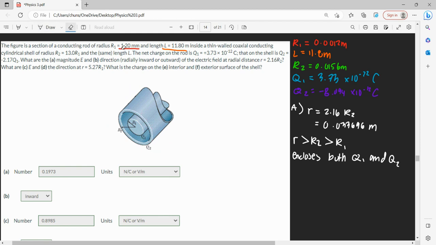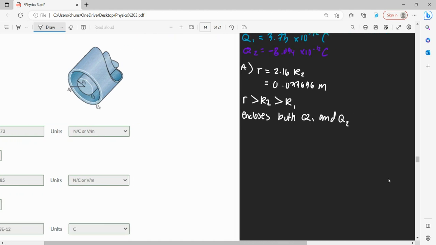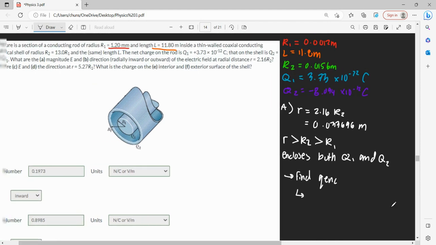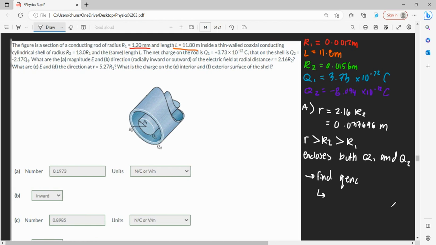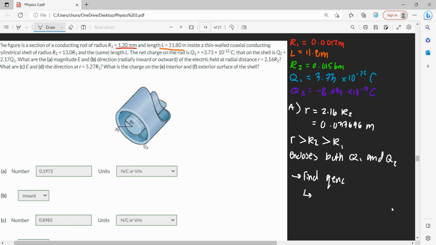So that means we're going to be adding for our Q enclosed. So the first thing we're going to do is find Q enclosed, our enclosed charge. I'm going to keep them both in terms of Q1. So that means we're going to have Q1 plus our Q2, which was given to be negative 2.17 Q1.